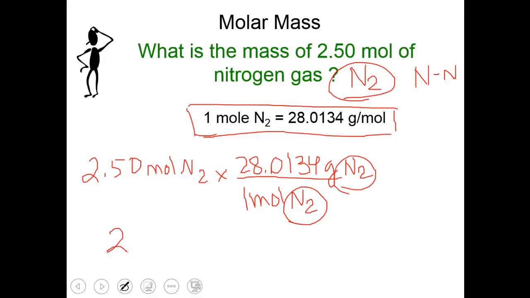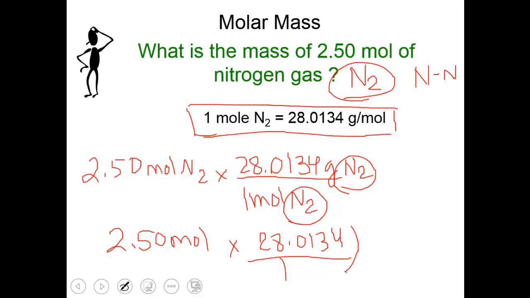If I see something like 2.50 moles times 28.0134 over 1, I'm going to say that conversion is incorrect, because 28 is not equal to 1. Even if you write moles and grams here, 28 grams is not 1 mole of something. 28 grams of N2 is 1 mole of N2.